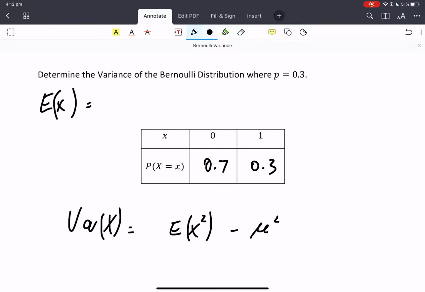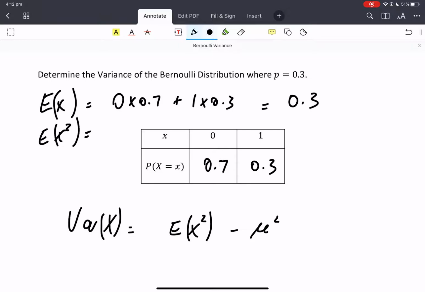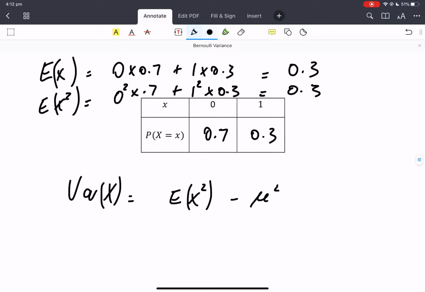E of x, so we multiply down: 0 times 0.7 plus 1 times 0.3. So the expected value in this situation is 0.3. Oh my gosh, that's a shock. Let's squeeze in E of x squared. That's 0 squared times 0.7 plus 1 squared times 0.3 equals 0.3.